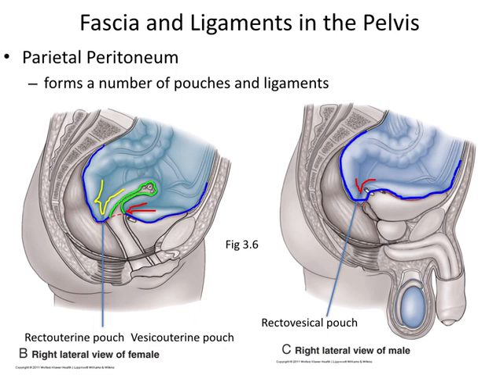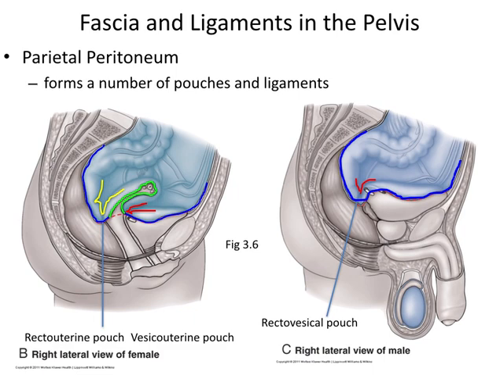In males, as the parietal peritoneum is sweeping over the rectum and then over the bladder, it is forming the rectovesical pouch. All right, so those aren't the ligaments, but it's just a finding as that parietal peritoneum is sweeping over top of these structures.